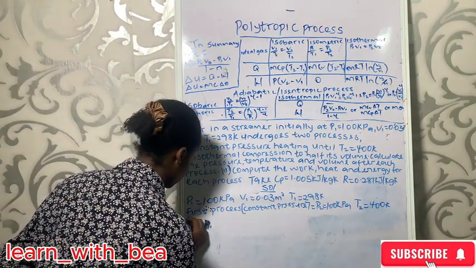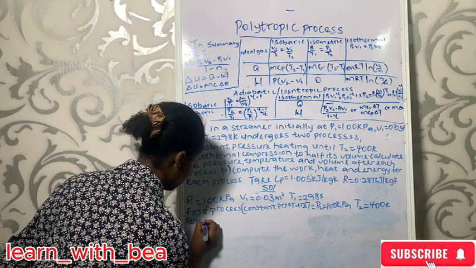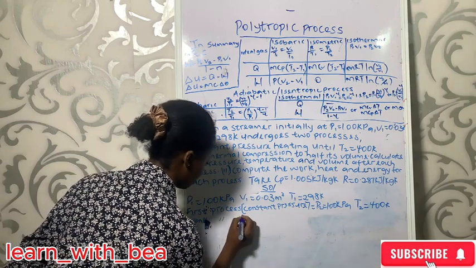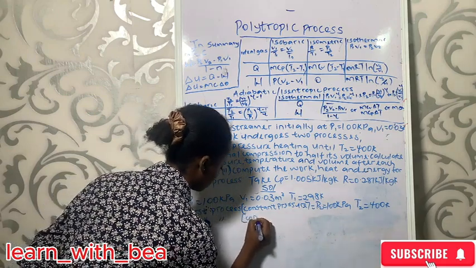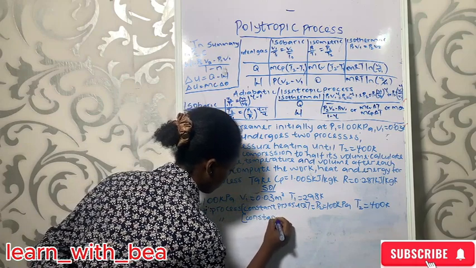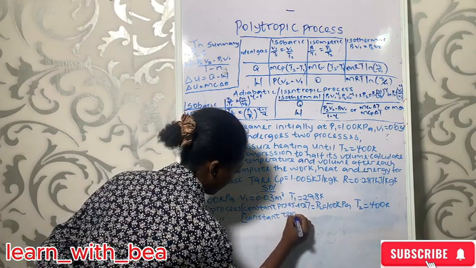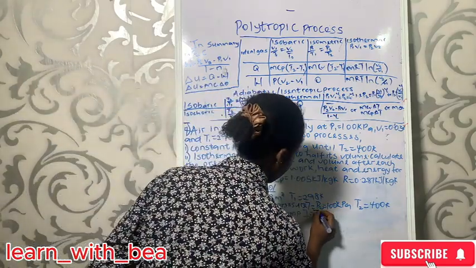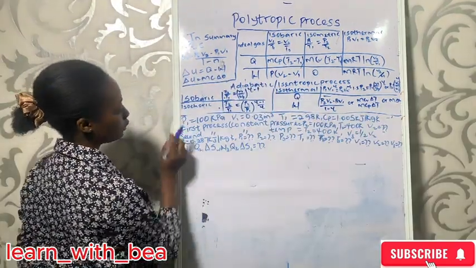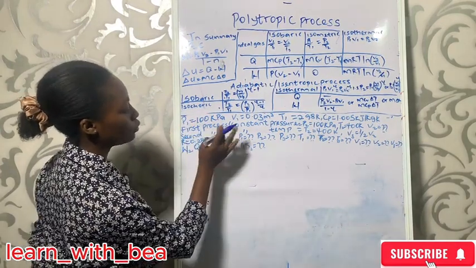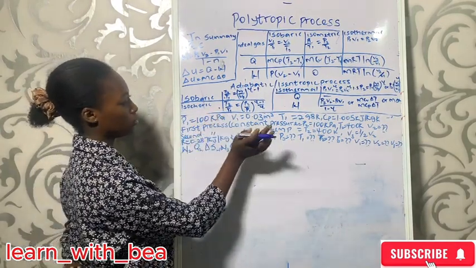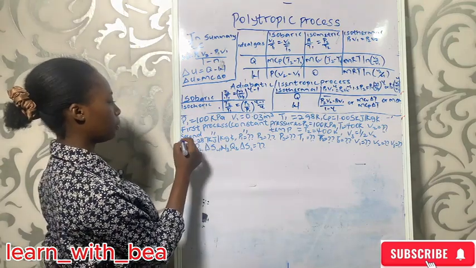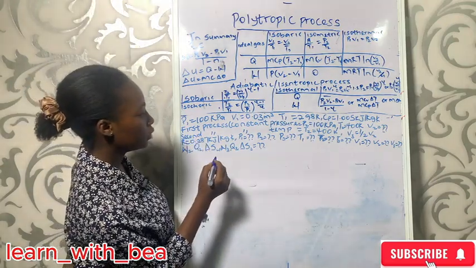So the second process, that's constant temperature. So for T3, I have to look for P3, but P1, P2, V1 and T1 we are given.